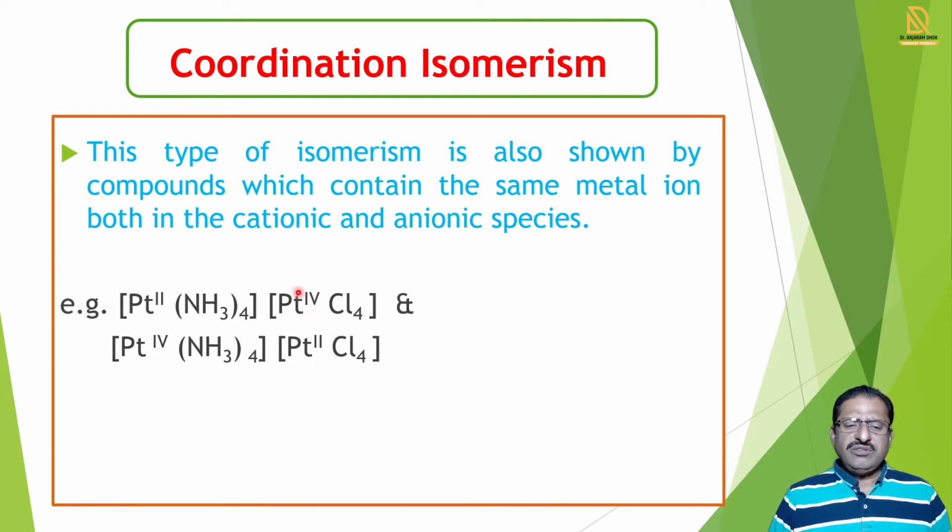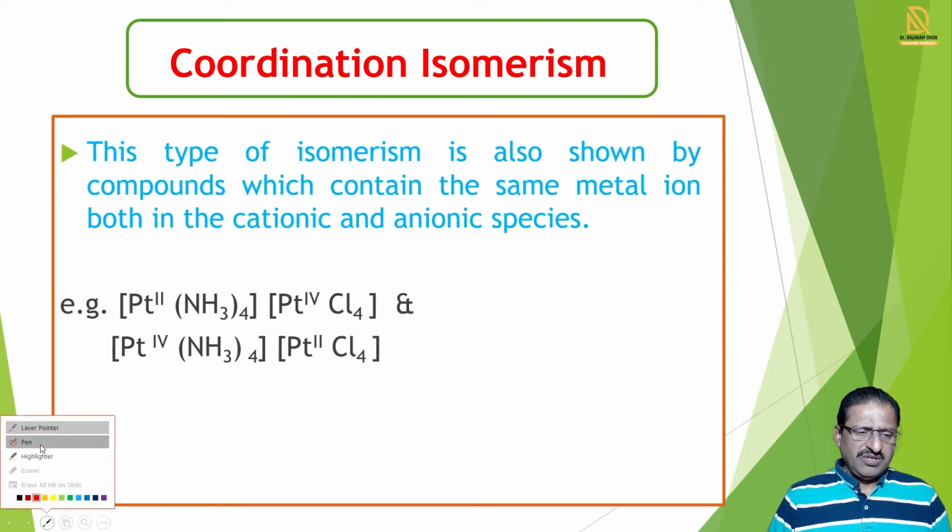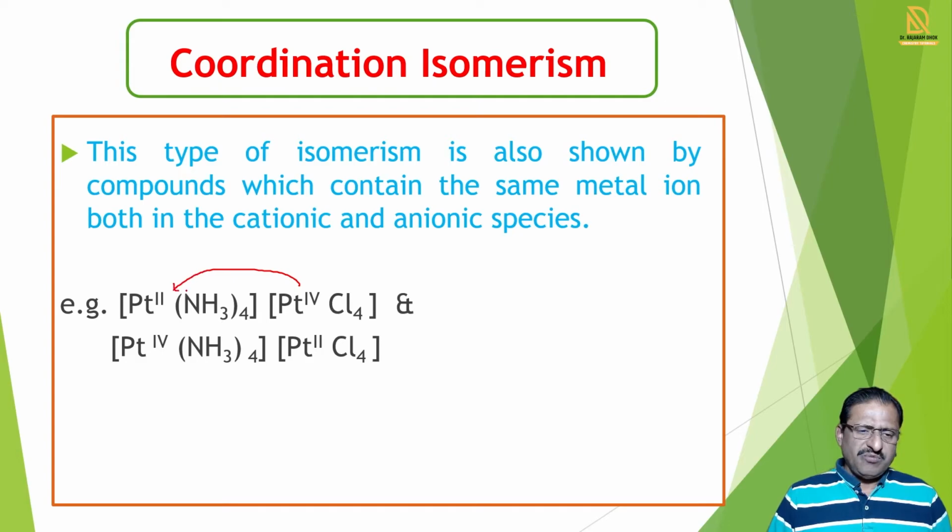Now when this metal changes, this platinum 4 passes into the first complex and platinum 2 goes into the second complex. Then we get [Pt(IV)(NH3)4][Pt(II)Cl4]. So these two are also coordination isomers of each other.